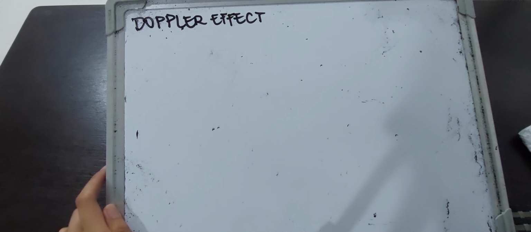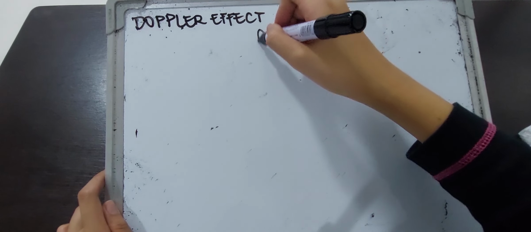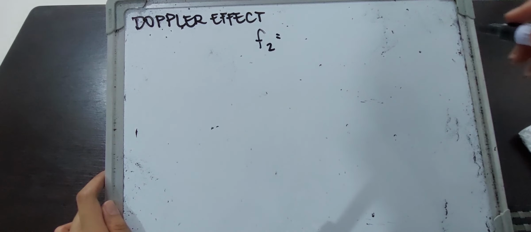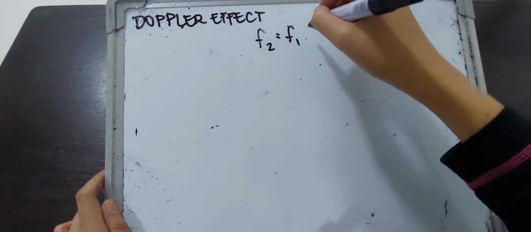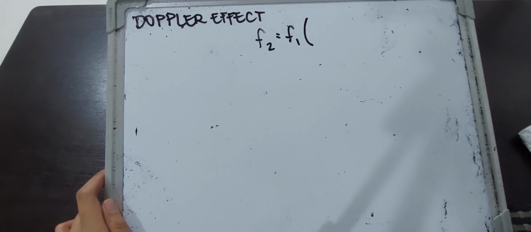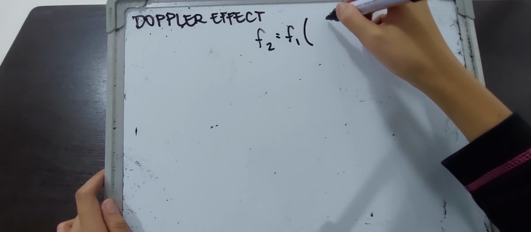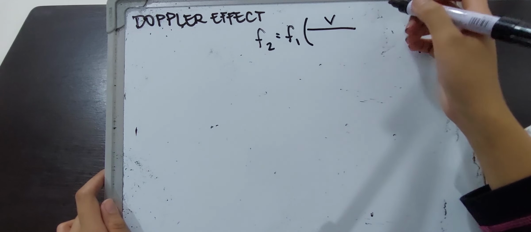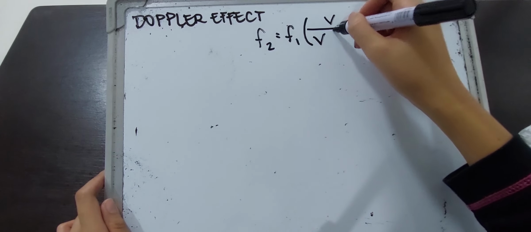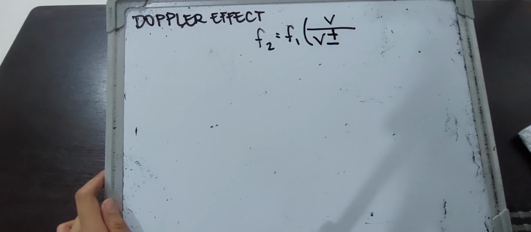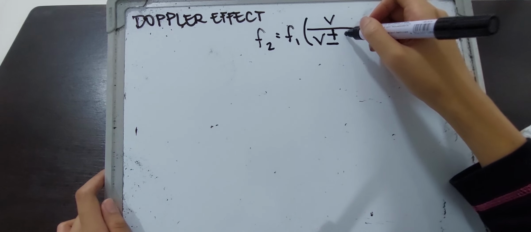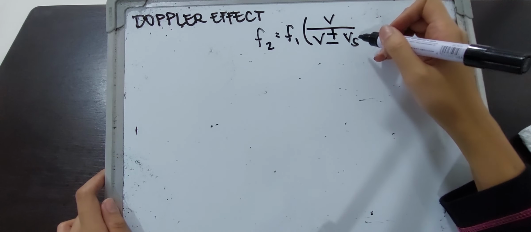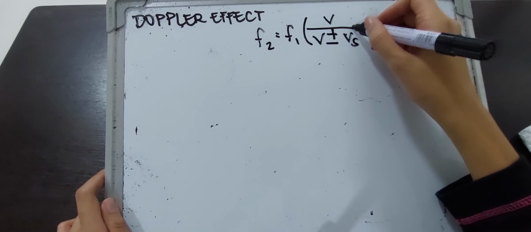So again, the Doppler effect can be expressed as the frequency 2 is equal to the first frequency times the speed of sound in the medium divided by the speed of sound in the medium plus or minus the speed of the source through the medium.